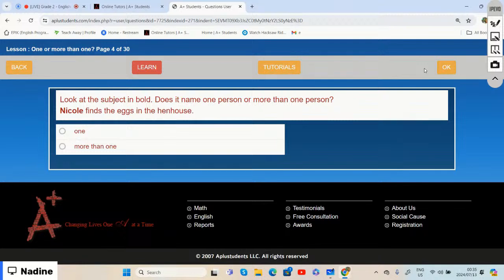All right, so if we refer to Nicole, Nicole is only one person. So now, if we were to answer that question, does it name one person or more than one person? The first option that refers to Nicole as being one goes with that sentence. Because now we can really see how it just mentions one person, Nicole.